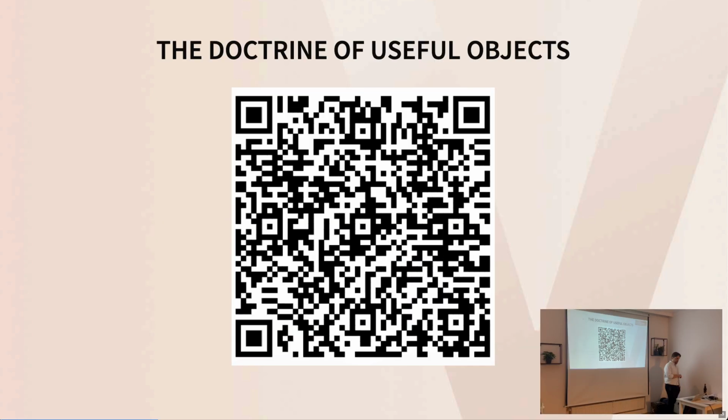Okay, of course everyone already memorized all the points, and I understand that you already know everything about what I just said, so we can continue our presentation. But just in case you missed something, this QR code is for this doctrine, and of course this document is long.